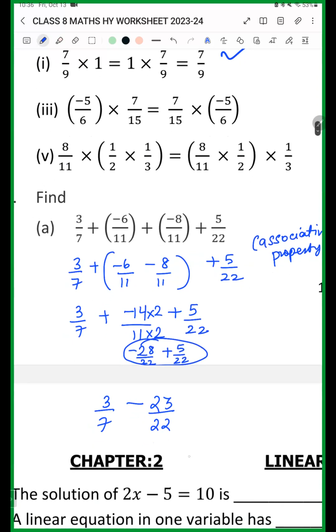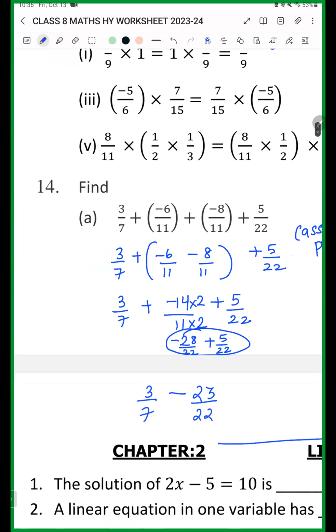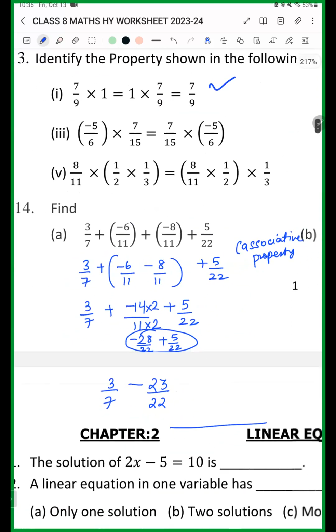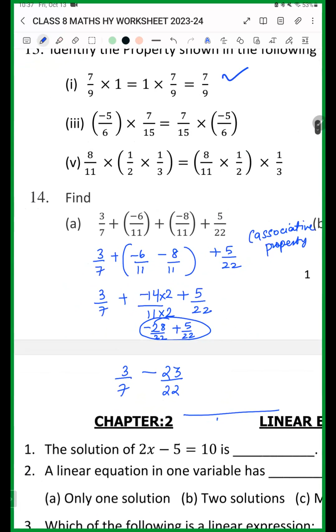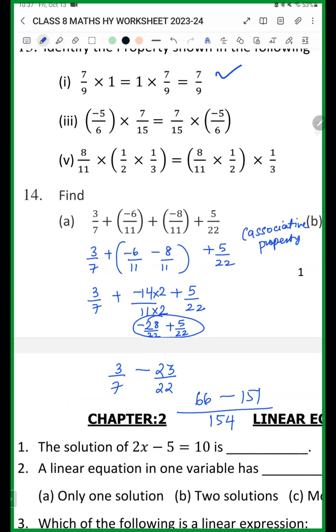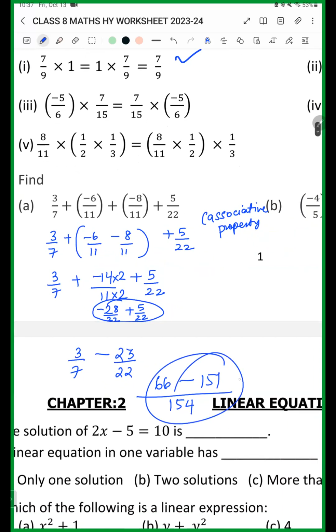When you find the LCM of these two things, it will actually be 154. So 7 into 22, so this will be 66 minus 161. So just solve it and you will get the answer, okay?